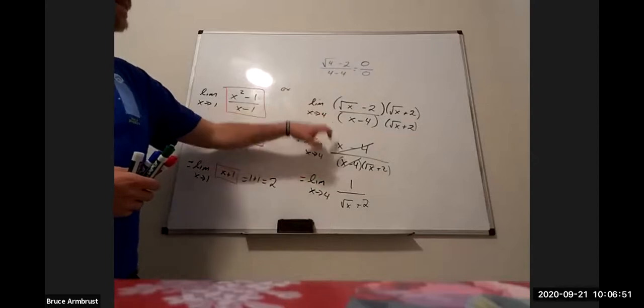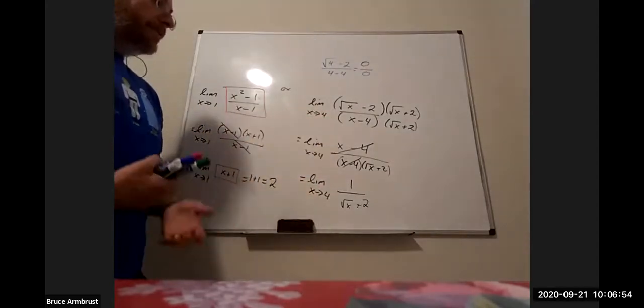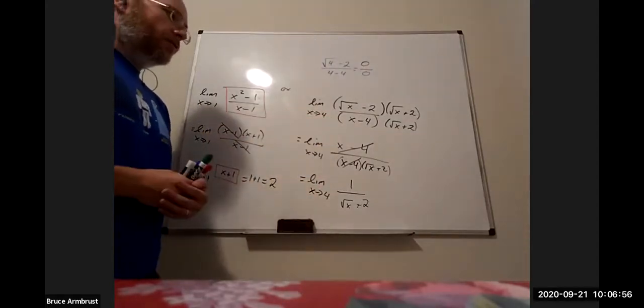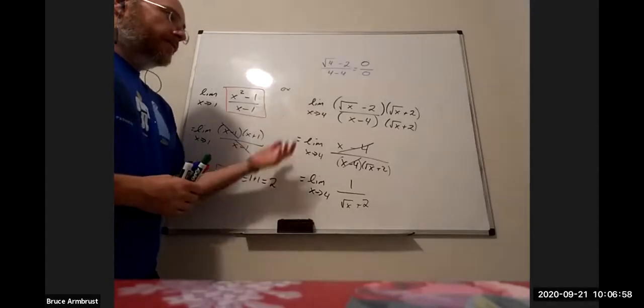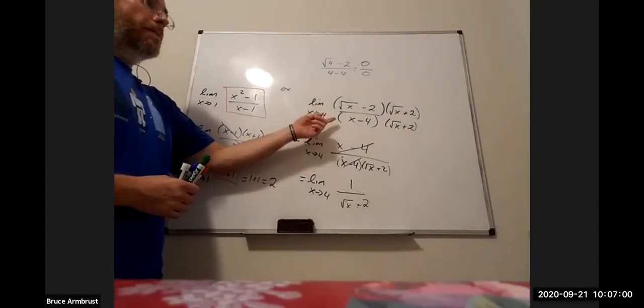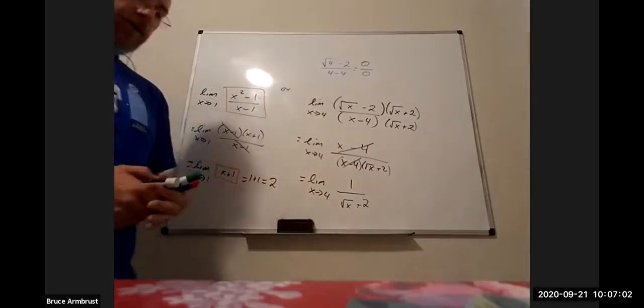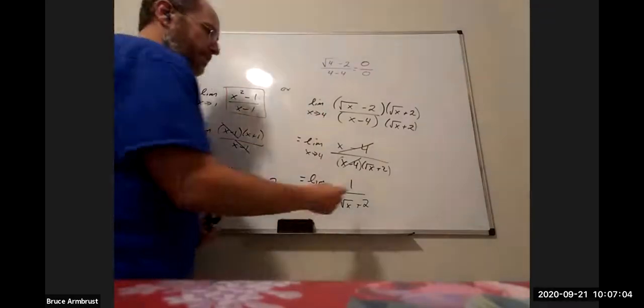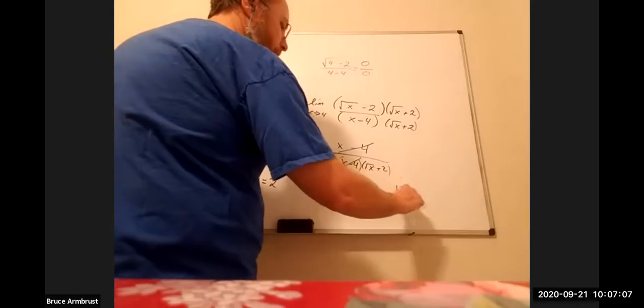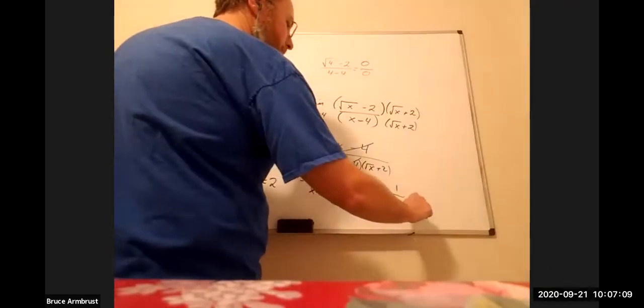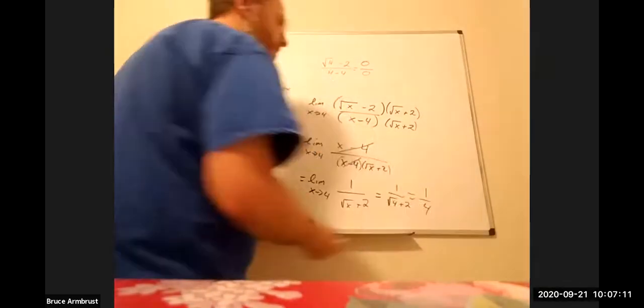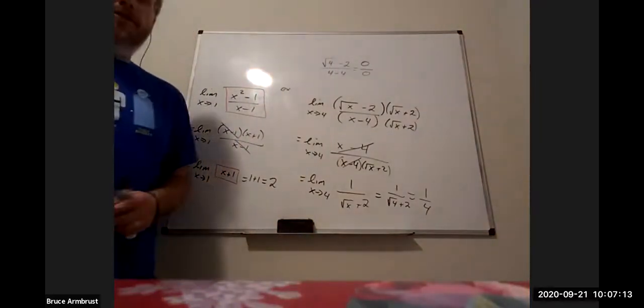So again, these two are exactly the same, except for x equals 4. This one had a hole in it. But now we're looking at the function that doesn't have a hole in it, and we can actually plug these numbers in. So we're going to get 1 over the square root of 4 plus 2, which ends up being 1/4.